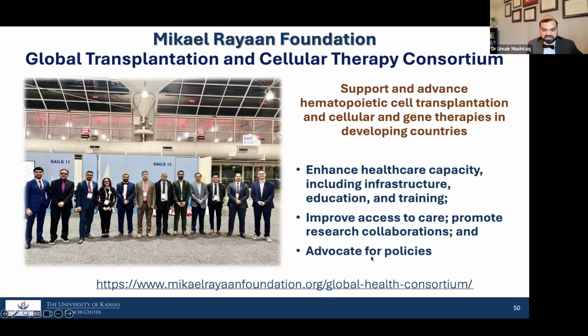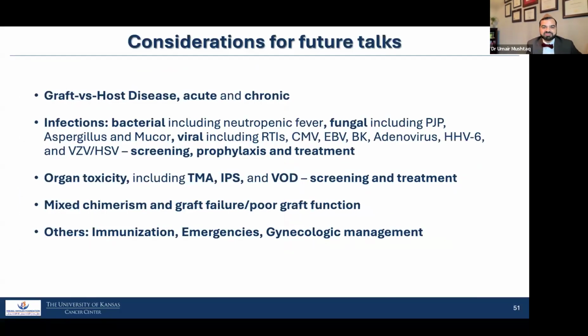You can visit the website, and we have some of the updates available. We are short on time, so I will briefly go over some of the future things. I think we should look at GVHD and infections. We have infectious disease faculty who will be talking about some of those things and how to tailor them to local resources. All of these drugs are available locally in Pakistan.